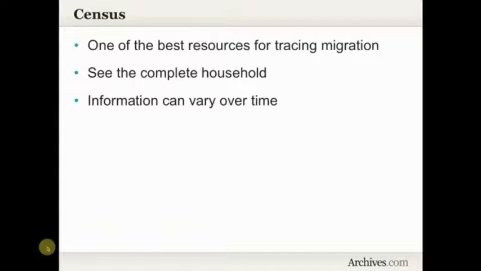So it's important to look at this information over a span of census years. That's why I always recommend that for all of your ancestors, you should find them in every census in which they should appear, because you never know what you're going to find in any given census record, because that information can vary over time.